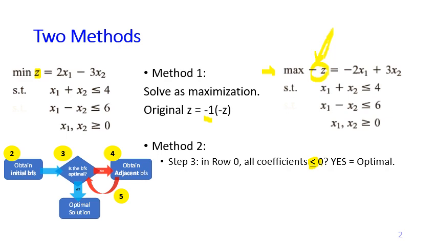If you see all the coefficients are already 0 or negative, it means that you are already at an optimal solution. If you still see at least one variable that is still positive, it means that your BFS is not optimal yet.